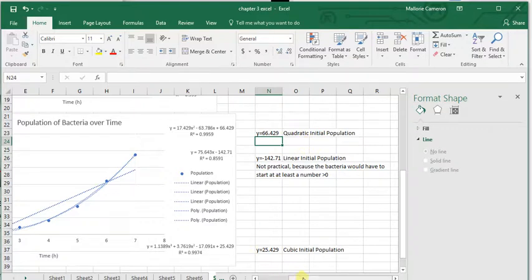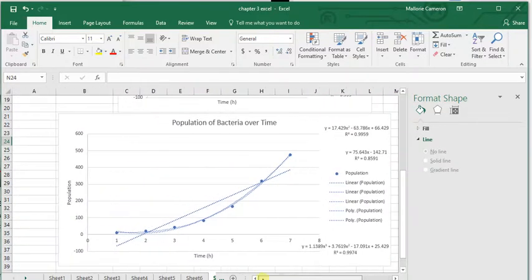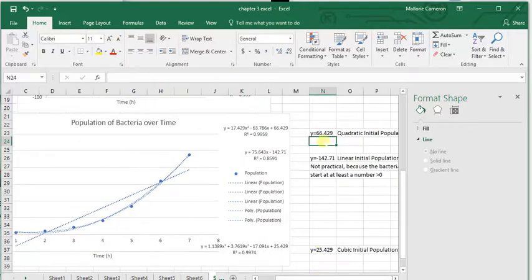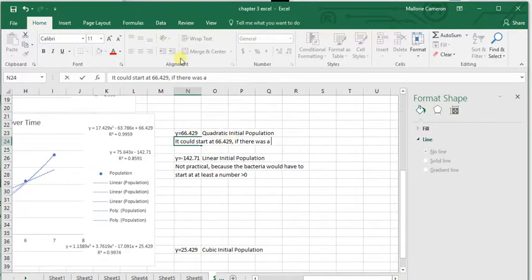Quadratic, the initial population is 66. Here's the problem with that. If it's 66, it would start up here and then it would drop and then it would go back up, right? So I would say it could start at 66.49 if there was, let's call it medicine that was killing off the bacteria, and then the bacteria started to grow again.